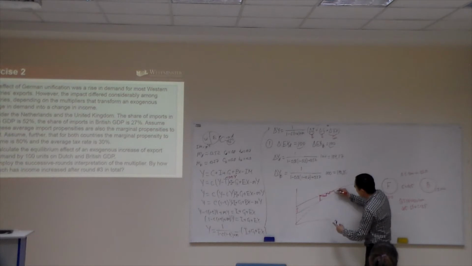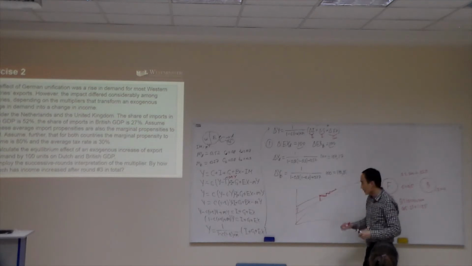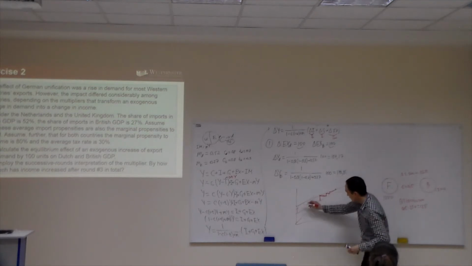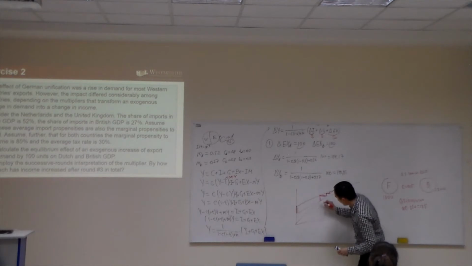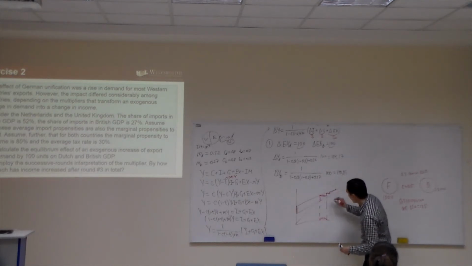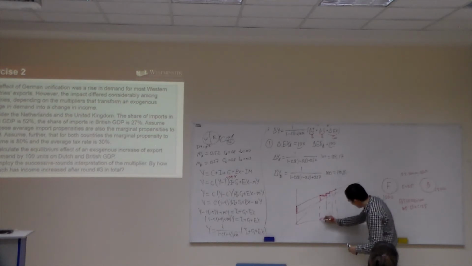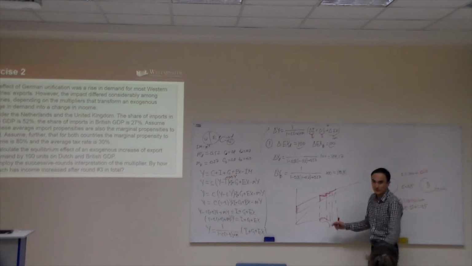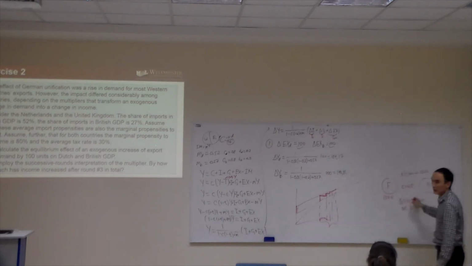So it gets smaller and smaller, infinitely, with 0.something numbers up to this point. Because of this effect, income increased by this much, then also by this much, and it reaches this total. That is the multiplying effect, and therefore it's a larger effect. I think you understood this one.